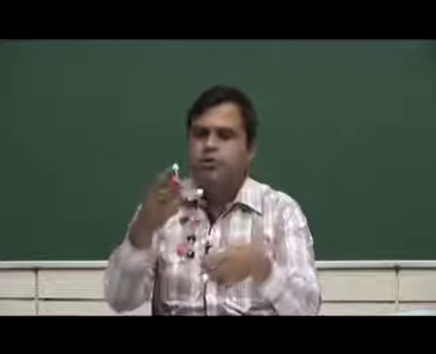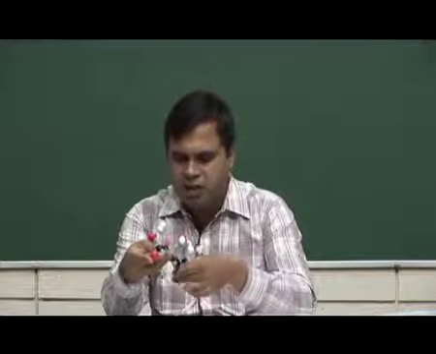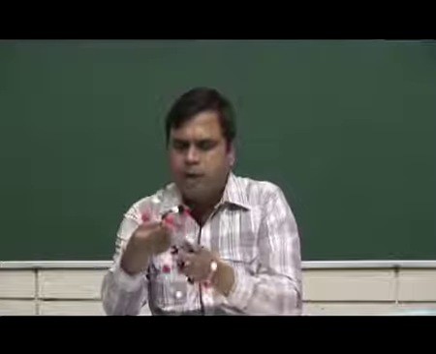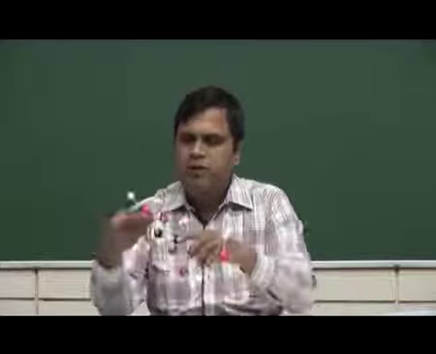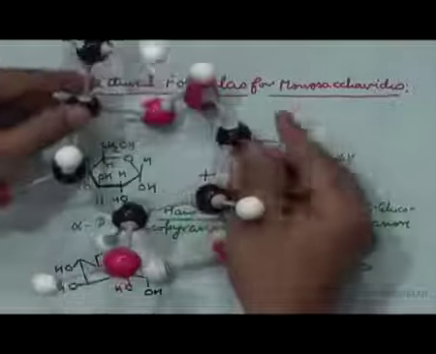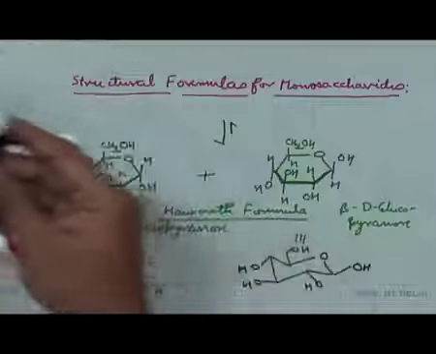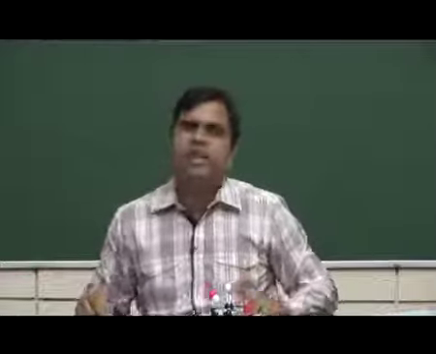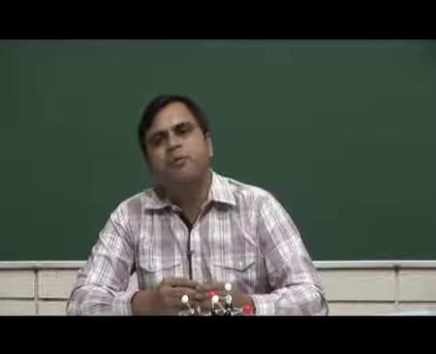First, I talked about the Fischer projection formula, also known as cross formulation, where on the carbon chain hydroxyl and hydrogen are on both the sides, and if we leave it freely, then hydroxyl of the fifth carbon comes closer to the aldehyde group, and it reacts and forms the acetal, and that leads to the formation of cyclic structure, which is acetal in nature, and that acetal can be the alpha cyclic form, or it can be the beta cyclic form.